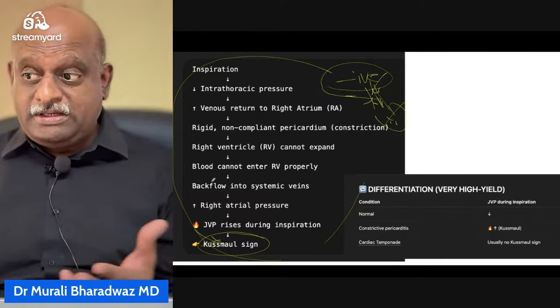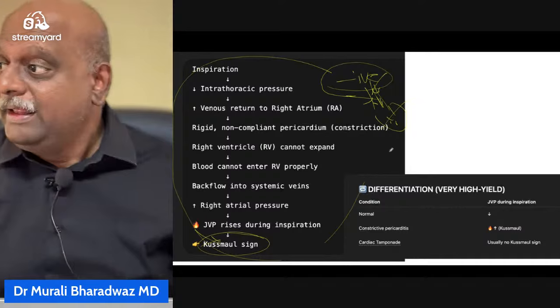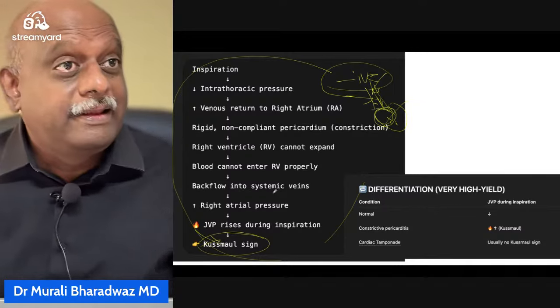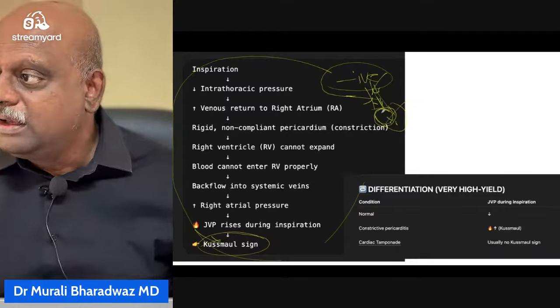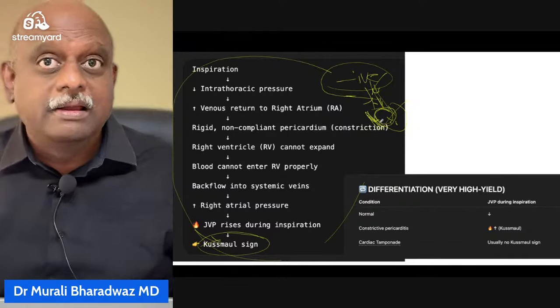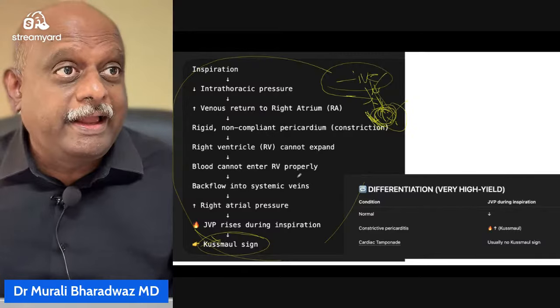But whenever there is constrictive pericarditis, the atrial pressure is already high, because the surrounding tight pericardium is squeezing it.